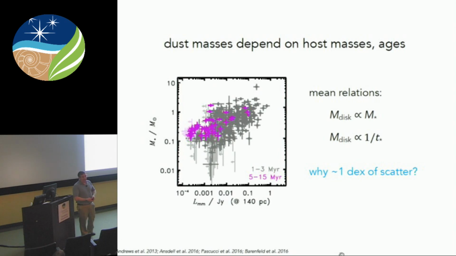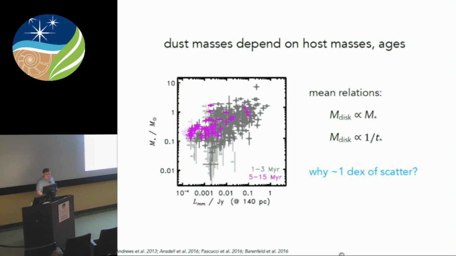They could have a broad diversity of different particle compositions and sizes and so on. But that is certainly one possibility. So we look in these broad age bins, and you see this shift of the relationship to lower masses or lower luminosities. So that's something certainly folded into the one dex of scatter around that relationship.